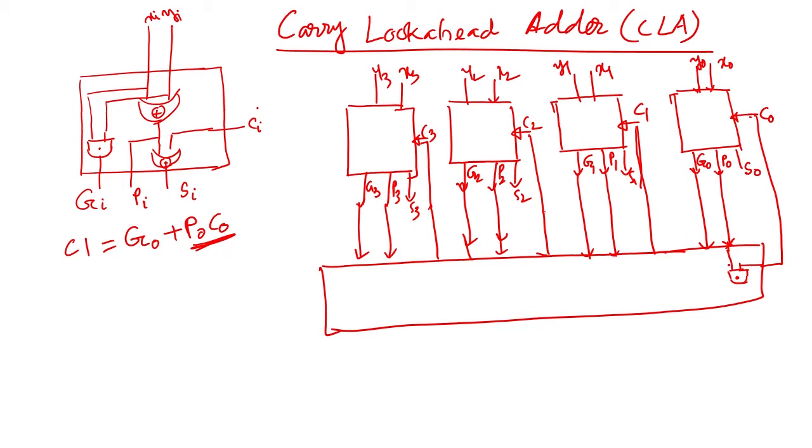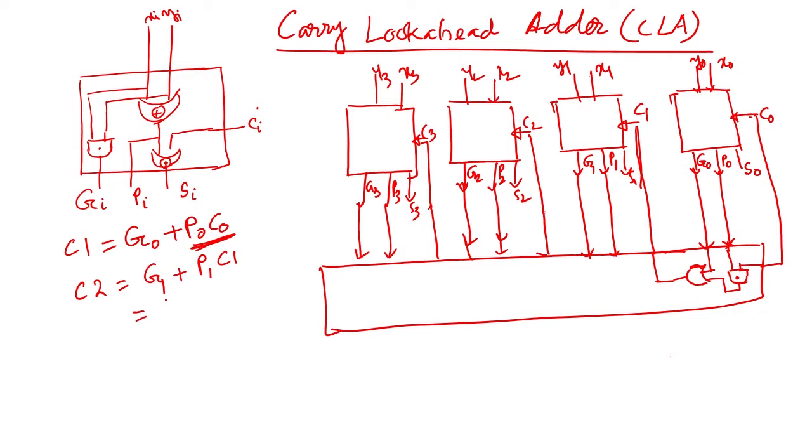Now, to generate C1, you should have an OR gate. So, it will come from here and this output will come here. So, this is C1. As you know, C2 is equal to G1 plus P1 C1.